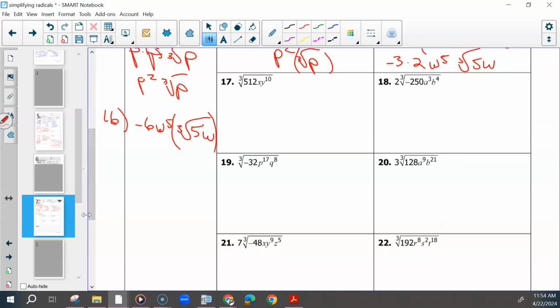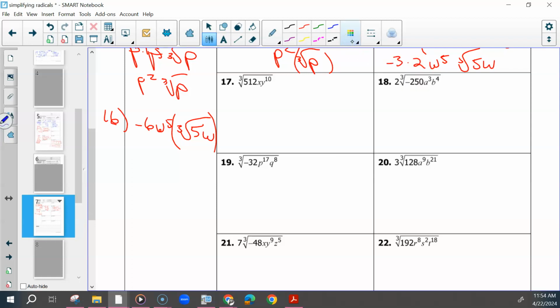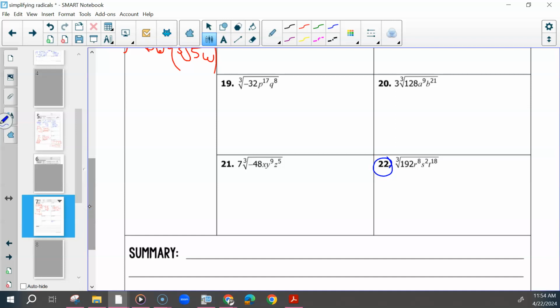Look at the other problems on this page. Which other ones do we want to go over and have questions about? 22. Which one? 22. Separate each one.